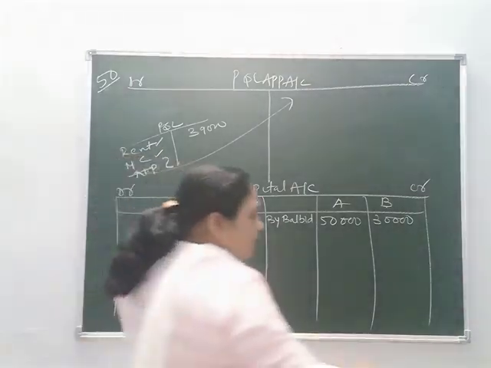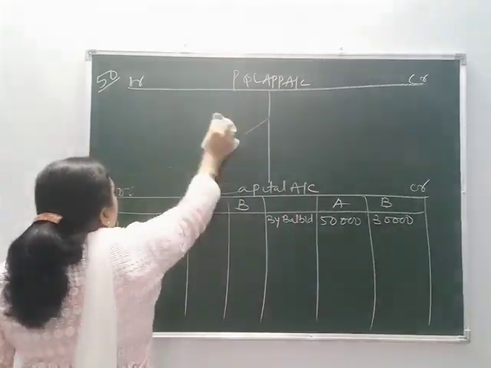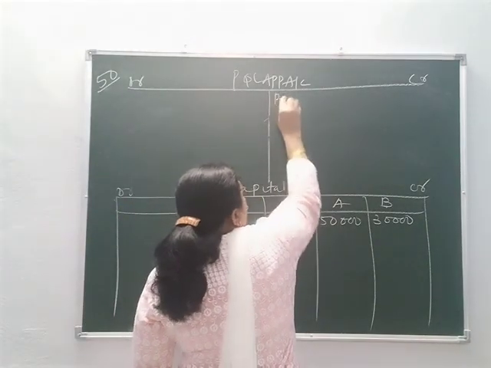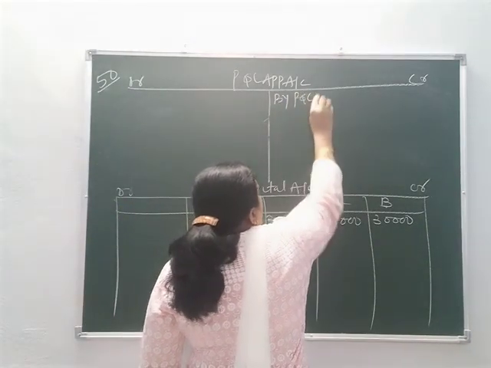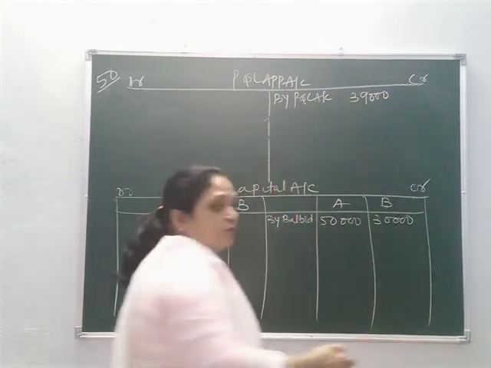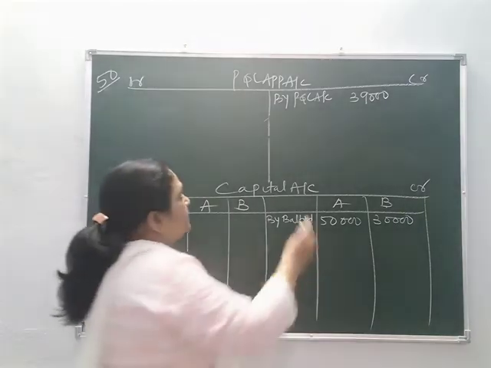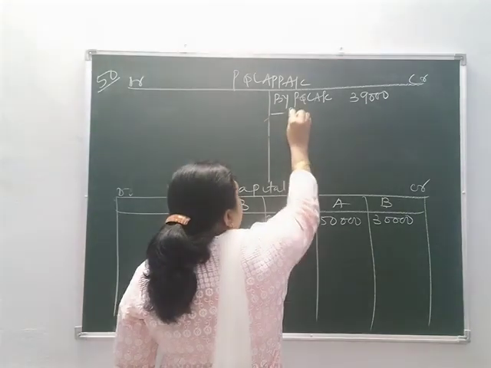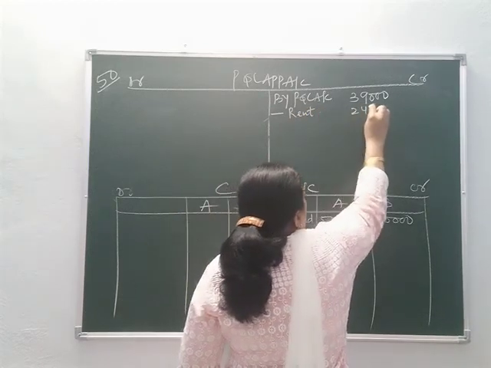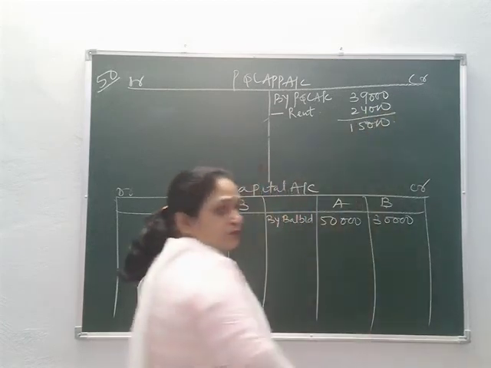Okay, so instead of preparing the P&L account, we are directly writing the profits over here in the inner column, by P&L account 39,000. You will write this figure in the inner column. Thereafter, you will first subtract rent payable to A, 24,000. This figure comes to 15,000.